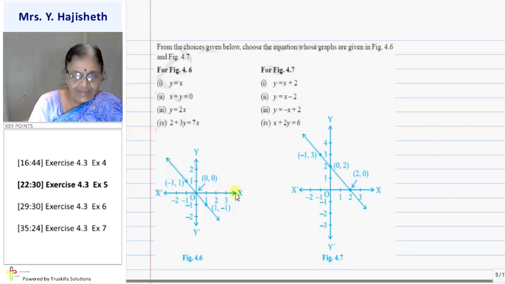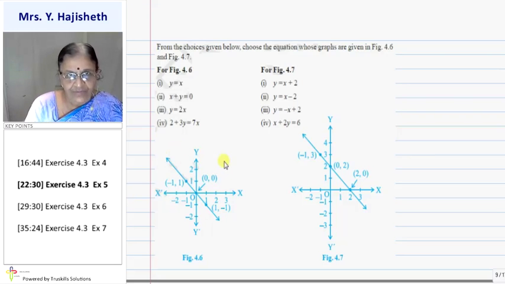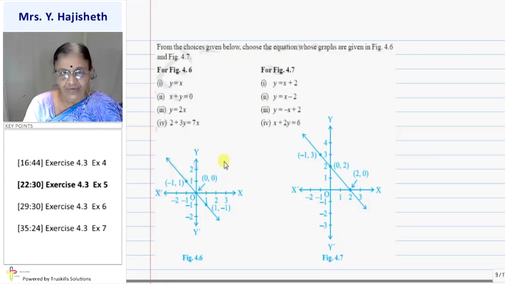Now see, you are given some solutions. What is given here? In this graph, one point is (1, -1). So if I put (1, -1) in y is x, it won't satisfy. If I put it in x plus y is 0, it satisfies. In y is 2x, it does not satisfy. So what is the correct answer? Which equation is passing through (1, -1)? It is only x plus y is 0. Because y is x is not satisfied by the point (1, -1).